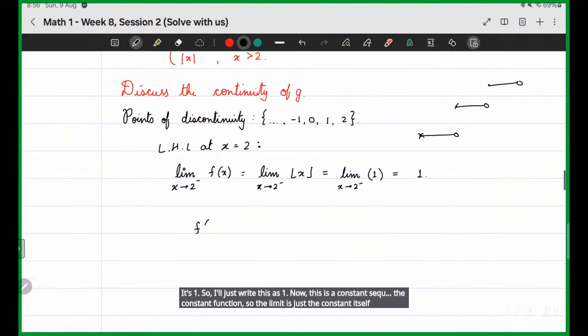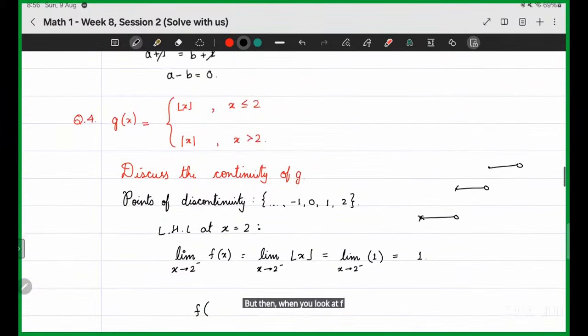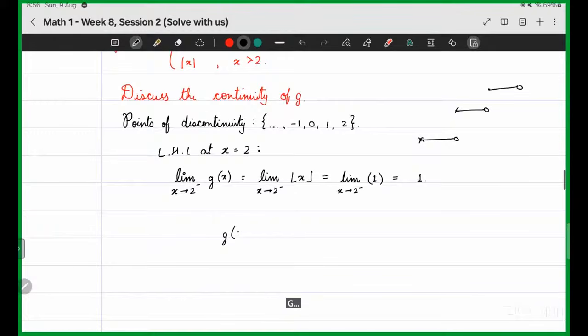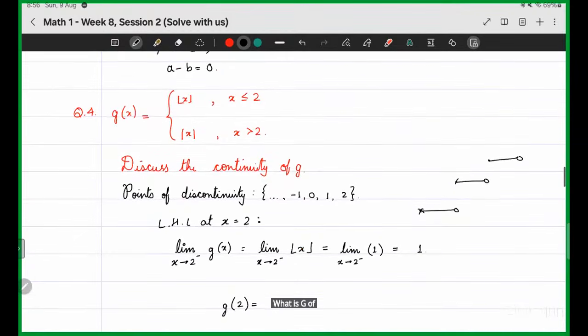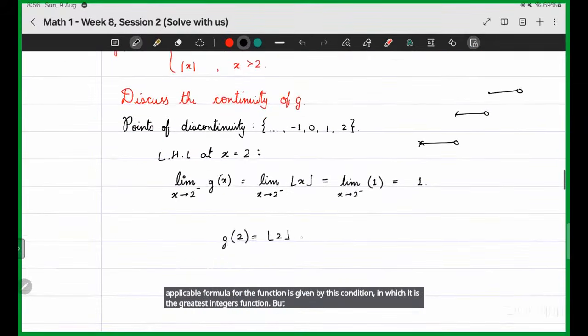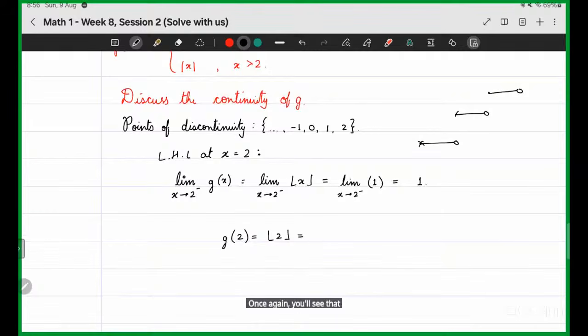But then when you look at f of, is this f or g? g everywhere. What is g of 2? For g of 2, the applicable formula is given by this condition, in which it is the greatest integer function. But once again, you'll see that this is actually equal to 2. So LHL is not equal to the function value. So you don't even need to go to the RHL.